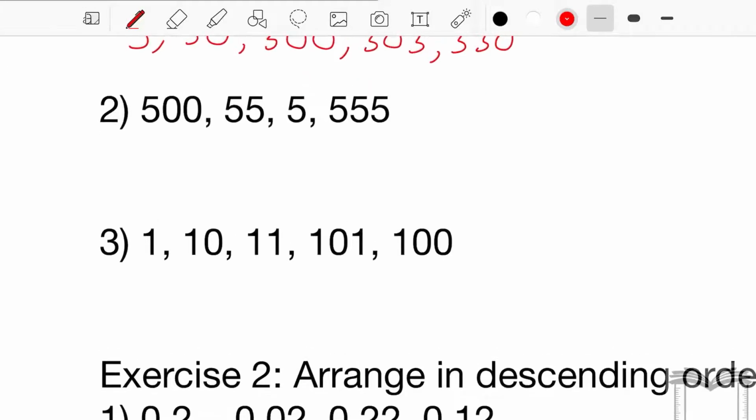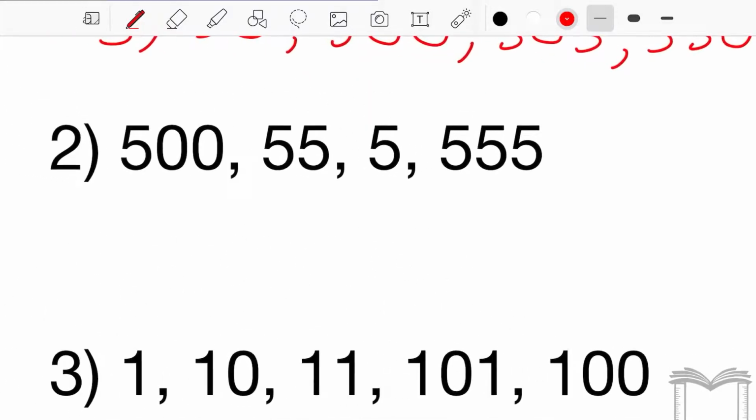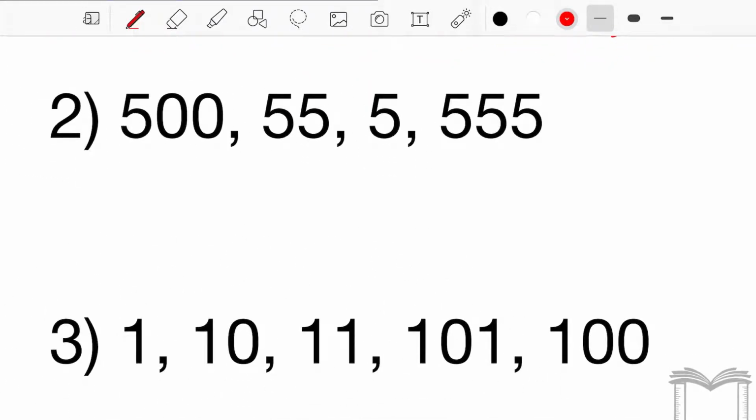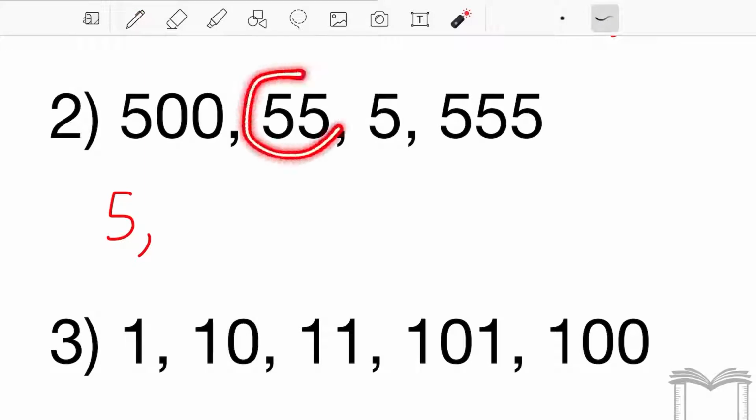Number 2. Again, we are putting this in ascending order. We have 5, which is the only ones number. So this will be the smallest number. 55 is the only number that is in the tens.